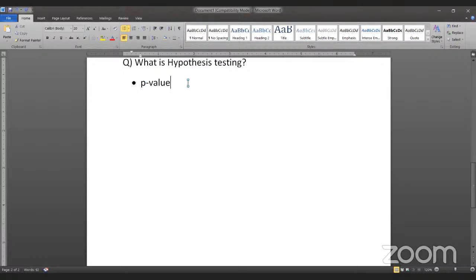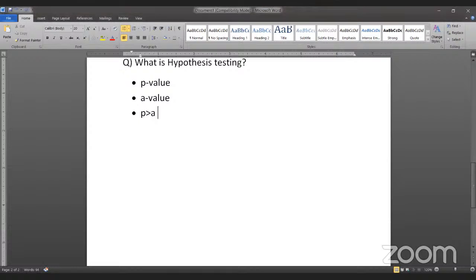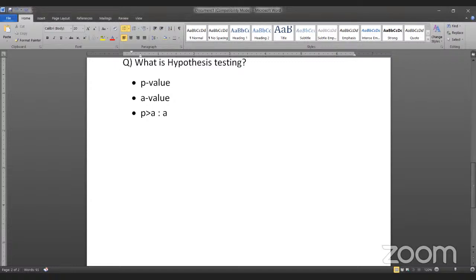We calculate the p-value, then the alpha value. Then we compare it. If p is greater than alpha, then the null hypothesis is accepted.